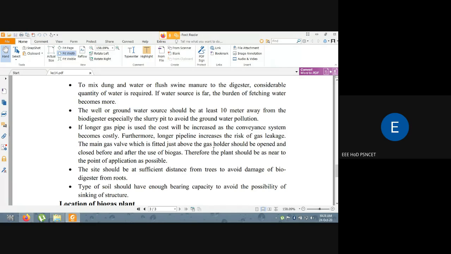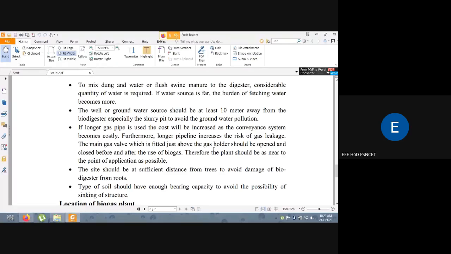Okay, initially we discussed the input, that means the availability of raw material should be nearby the digester to avoid transportation losses and transportation time. Next is the consumption area. The biogas consumption area should also be nearby the digester to avoid gas leakages while transporting.